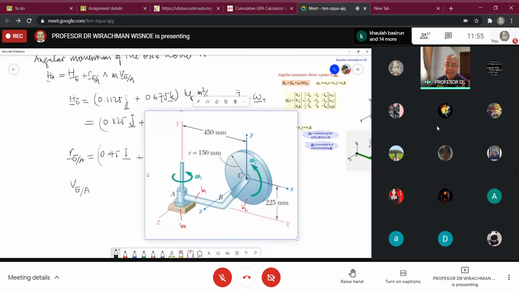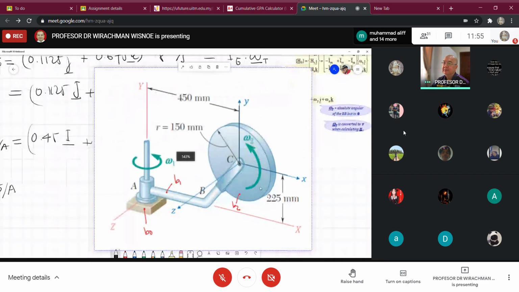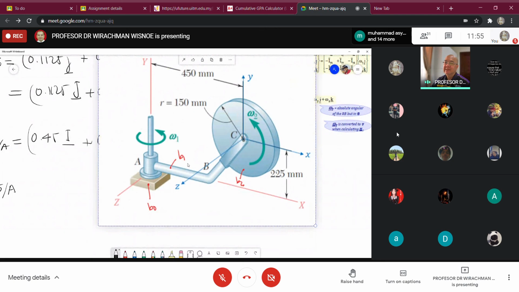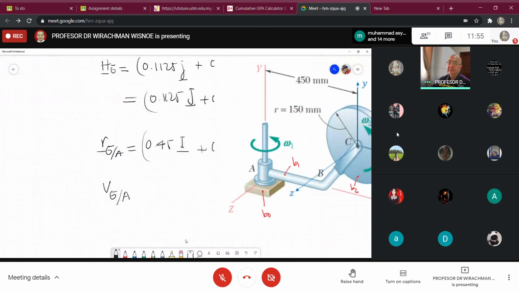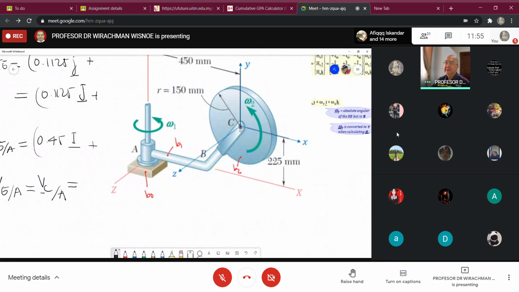G is point C. I repeat, G is point C. According to you, what is the velocity of C or G? How you calculate the velocity of C? Tell me. How you plan to calculate the velocity of C? You don't know.